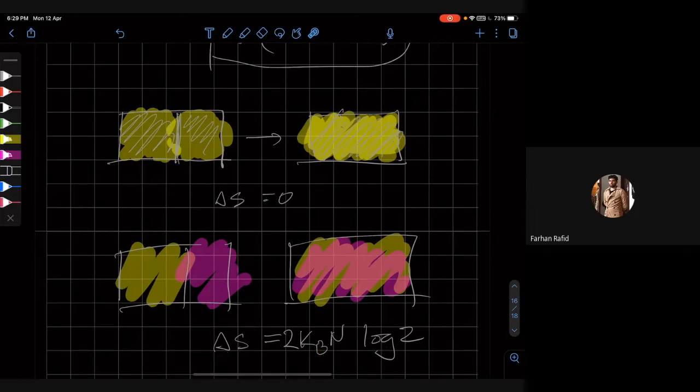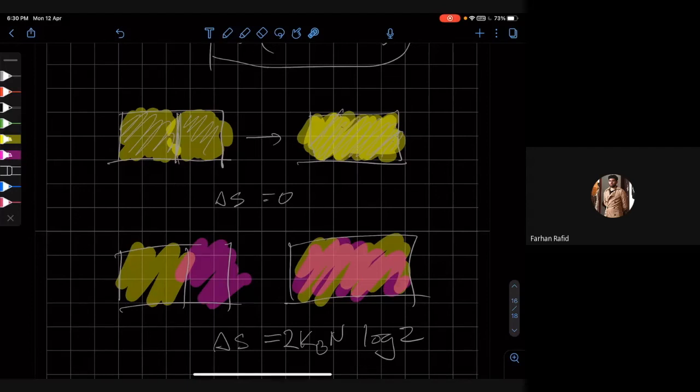Kb n log of 2. But we saw that another way of looking at the first system is that this is the same gas with the partition in between. And therefore, when we remove the partition, nothing changes. No heat comes in, no work is done, the volume doesn't change, and therefore the change in the entropy there is 0. And that is the thermodynamics result.